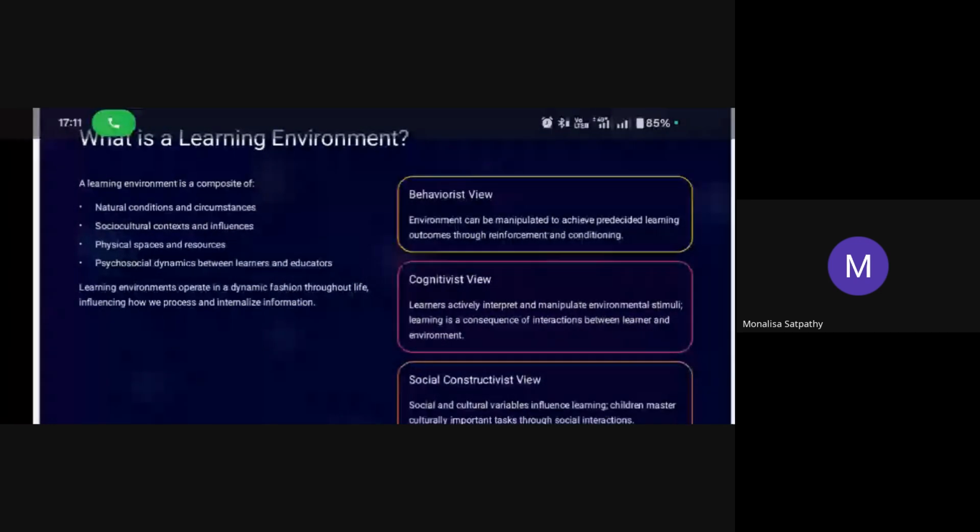The learning environment actually operates in a dynamic fashion throughout life and influences how we process and internalize information. As we know, learning is a dynamic process, and learning environments operate dynamically throughout our life. In every situation, in every stage of our life, we find different kinds of learning environments.